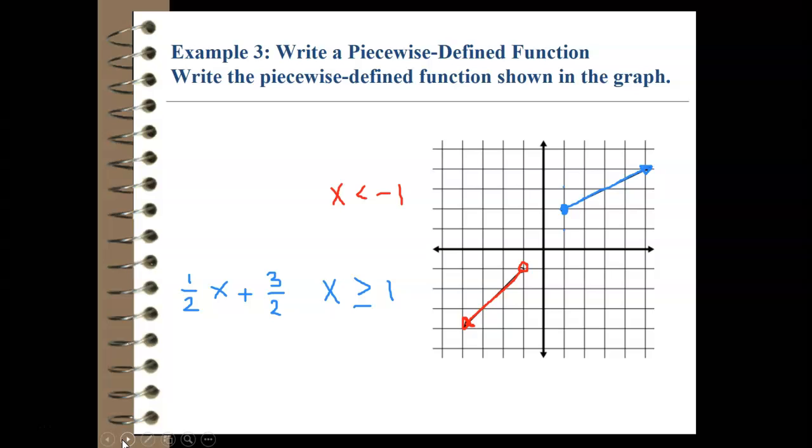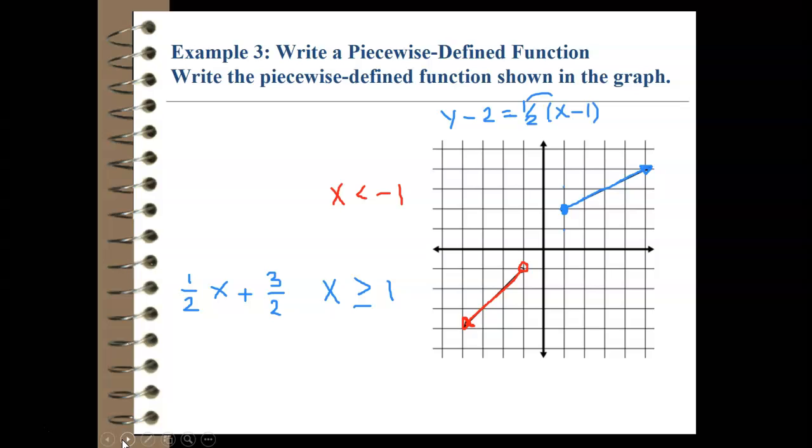You could also use point slope form. So you could use the point 1, 2 and you could have said y minus 2 equals 1/2 x minus 1.